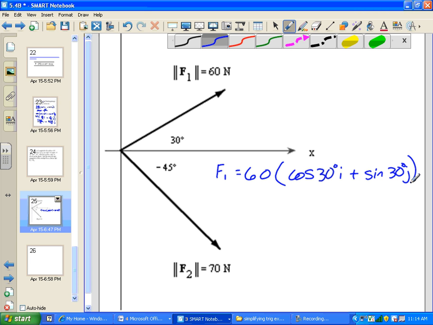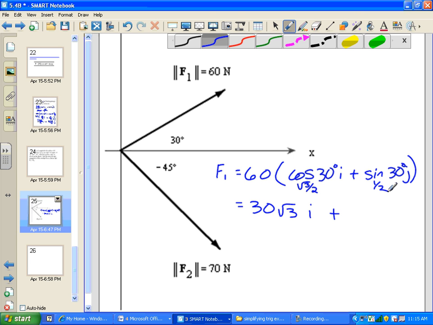Okay. Now, let's see what this is going to give me, and let's take some shortcuts here. What is the cosine of 30 degrees? Square root of 3 over 2. So what would 60 times square root of 3 over 2 give me? 30 square root of 3. 30 square root of 3 i plus, now what's the sine of 30 degrees?